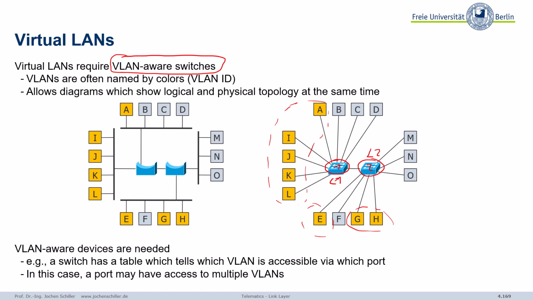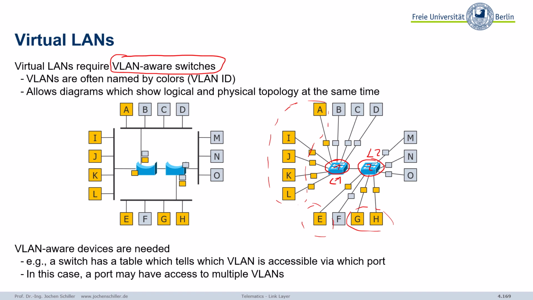Okay, so our VLAN-aware devices now know how to handle this issue. The switch has a table that tells which VLAN is accessible, for example, via which port. So that is the idea. So why not do so? And then those devices in between know, if I have to forward packets, a certain port only forwards orange packets and never the gray packets.